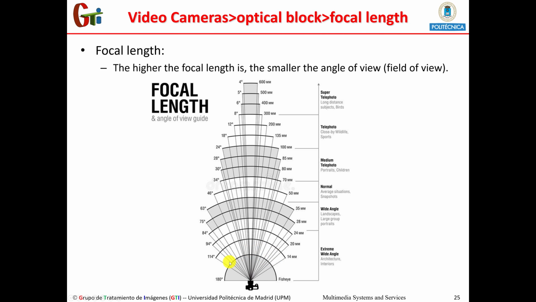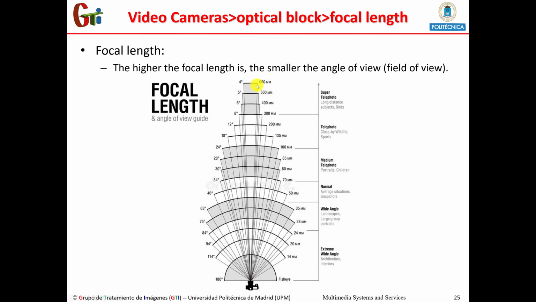This shorter focal length that has a wider angle can cover more scene from the real world, as you can see. On the other hand, a larger focal length has associated a smaller angle of view.